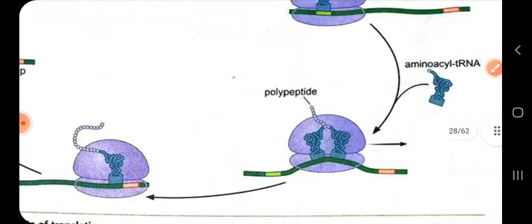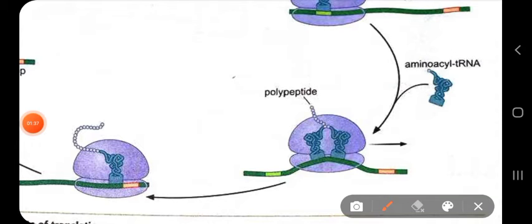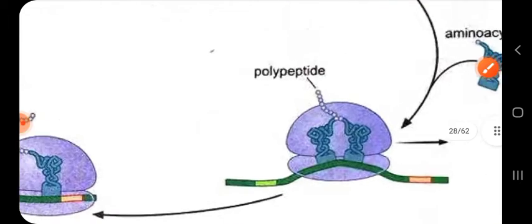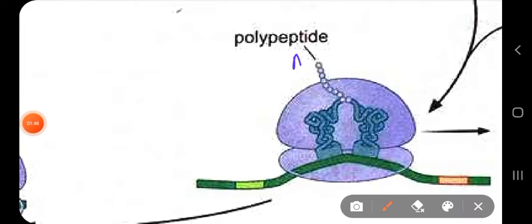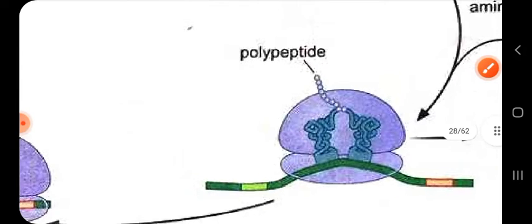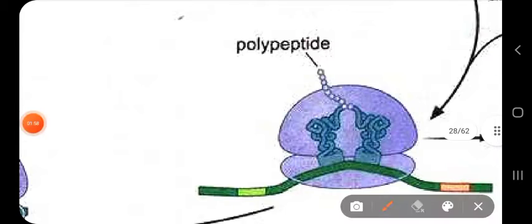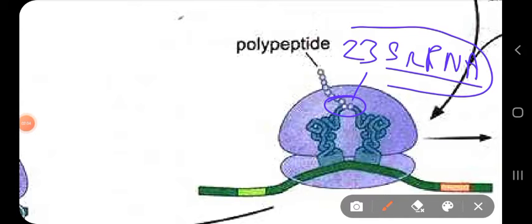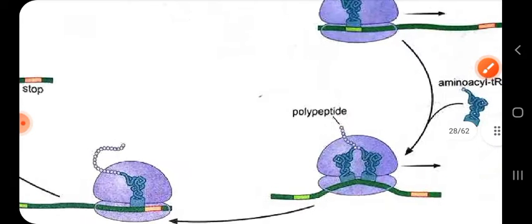Now you can see in the next figure that the ribosome is moving in the 5 prime to 3 prime direction in order to synthesize the polypeptide. The polypeptide being synthesized has an N terminal end, and at the C terminal end it incorporates new amino acids. This polypeptide synthesis is catalyzed by the 23S rRNA of the large ribosomal subunit in the case of prokaryotes.